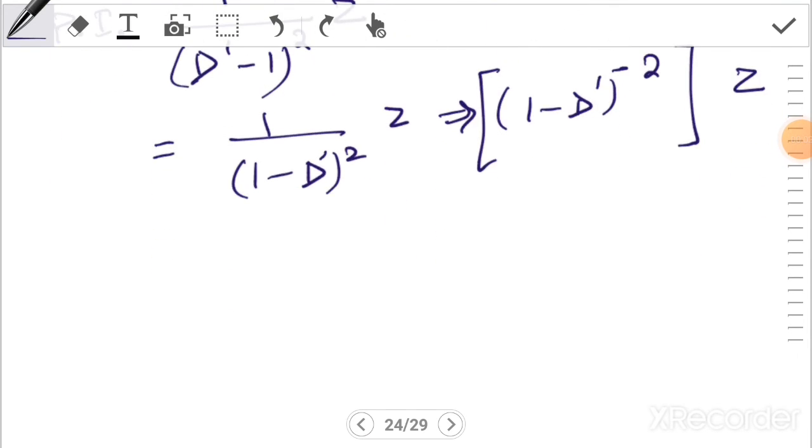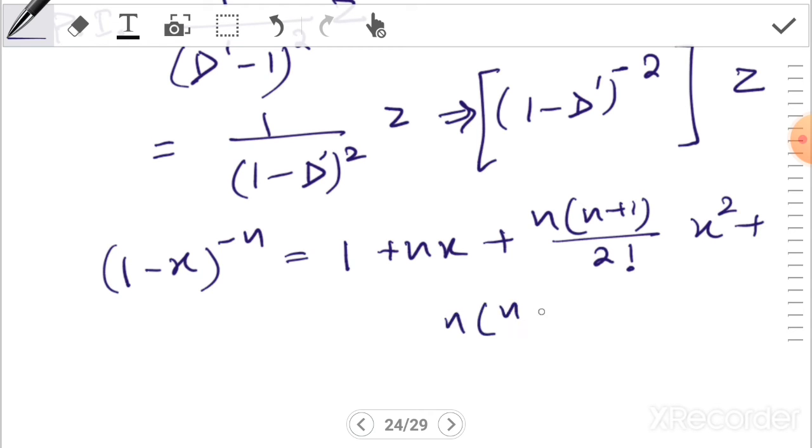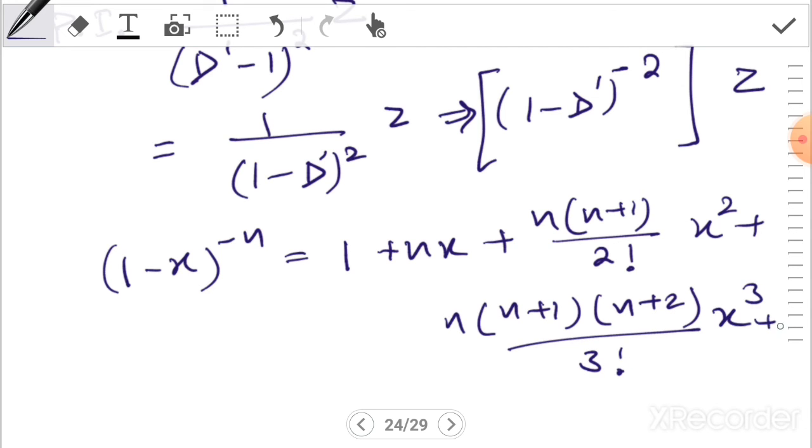And we know that binomial expansion of (1 minus x) power minus n is 1 plus nx plus n times (n plus 1) by 2 factorial x square plus n times (n plus 1) times (n plus 2) by 3 factorial x cube and so on.